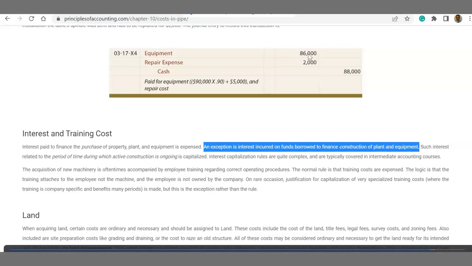Make sense? However, as soon as the construction is complete and you still owe money and still have to pay interest, any interest after completion of the construction of the plant or equipment has to be recognized as interest expense year after year.